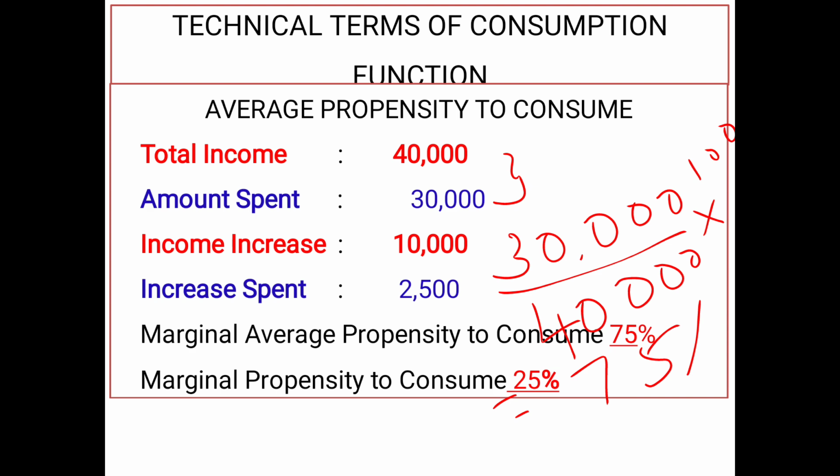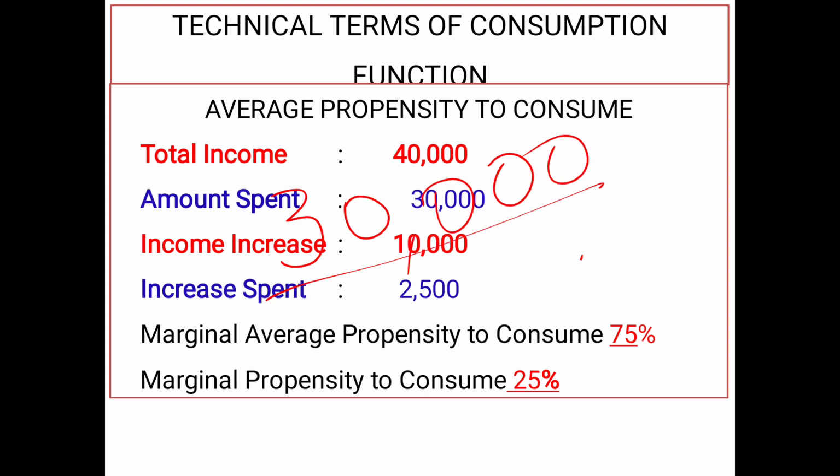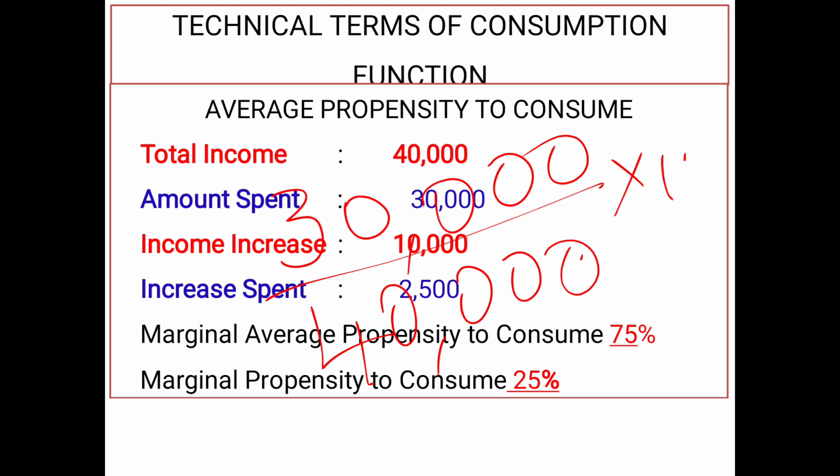I hope you have understood. So again I will tell you how you have to calculate this. 30,000 you are spending, out of your income of 40,000, into 100, which is equal to 75% that you are spending for consumption purpose.